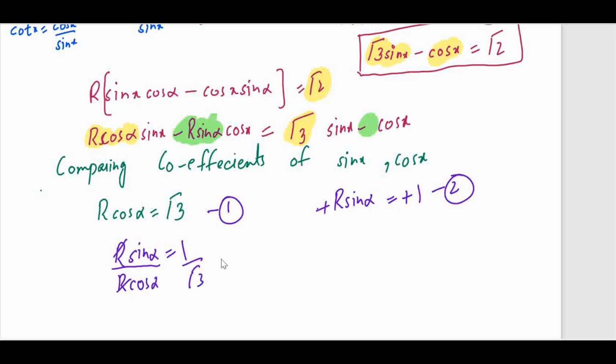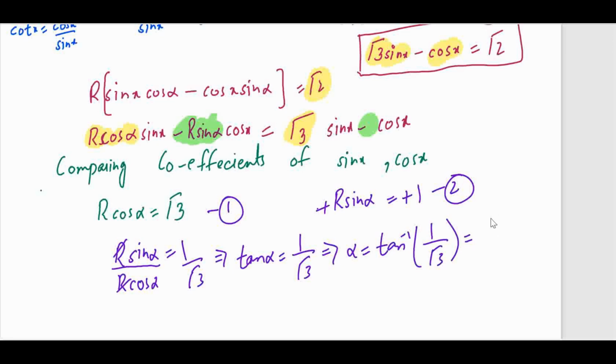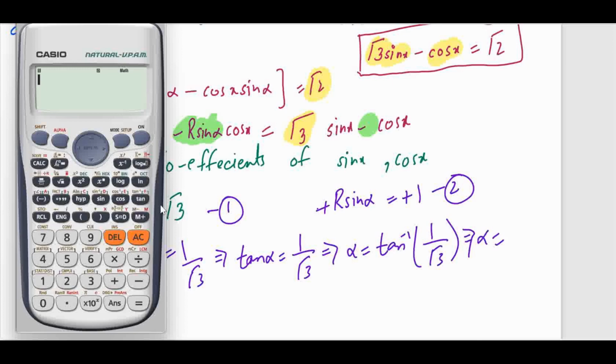We can cancel out these two, and here this will be tan alpha is equals to 1 by square root of 3, and finally alpha will be equals to tan inverse of 1 by square root of 3. So this will be equals to 30 degrees.